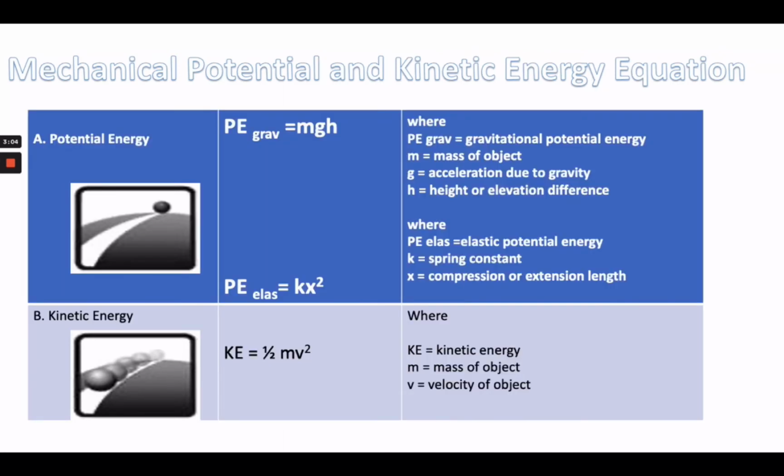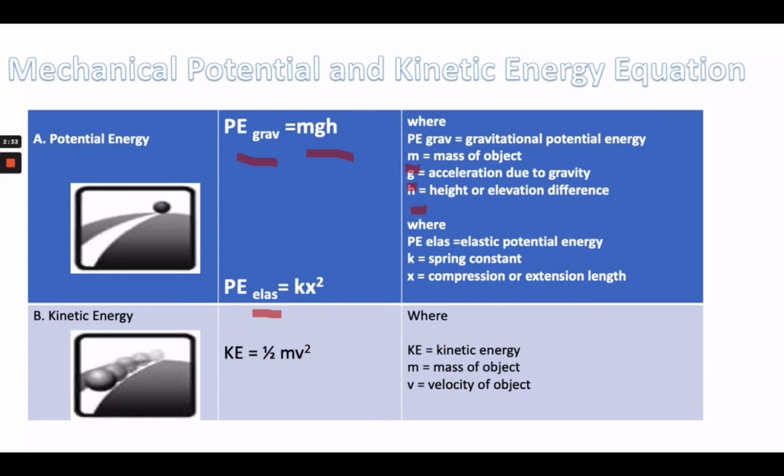Now let's take a look at the potential and kinetic energy equation. We have the table here, and for the potential energy, we have two types, the gravitational and the elastic. The equation for the gravitational potential energy is equal to mgh, where m stands for the mass of the object, g for the acceleration due to gravity, and h for the height or elevation difference.